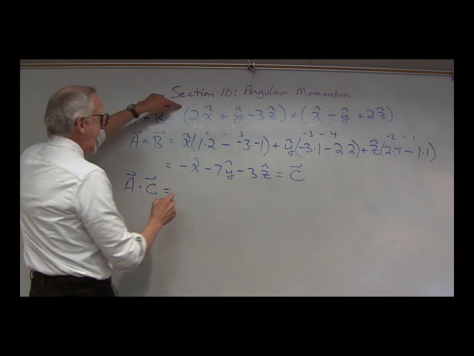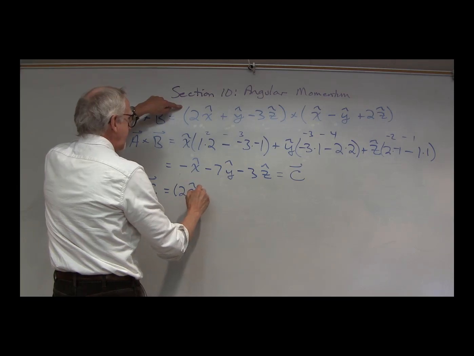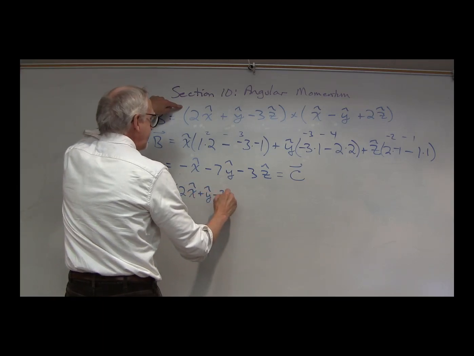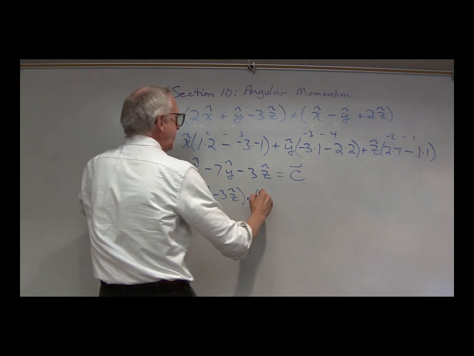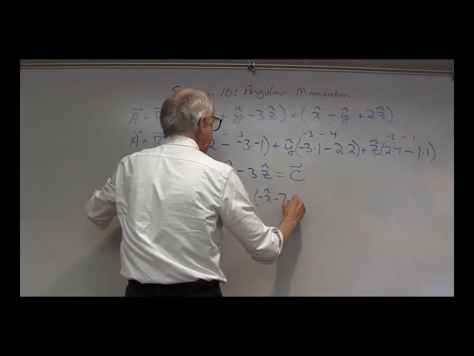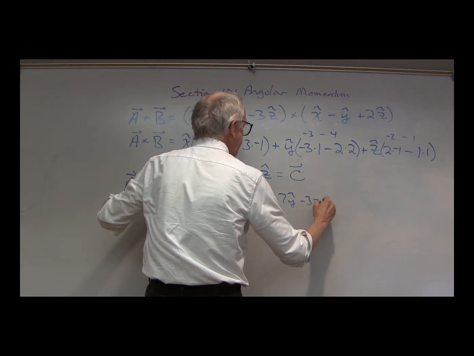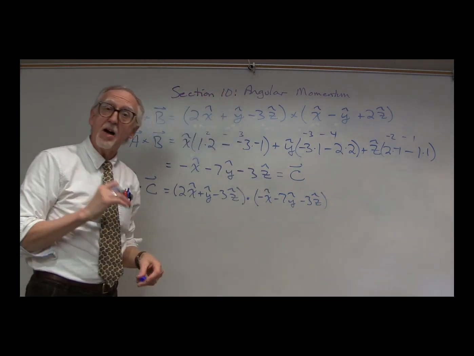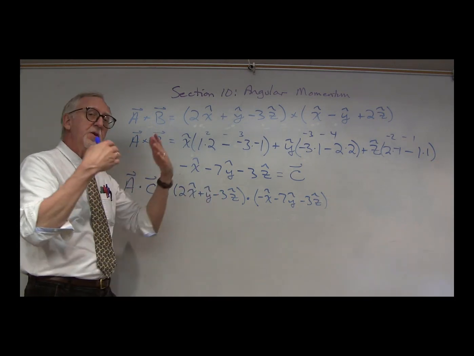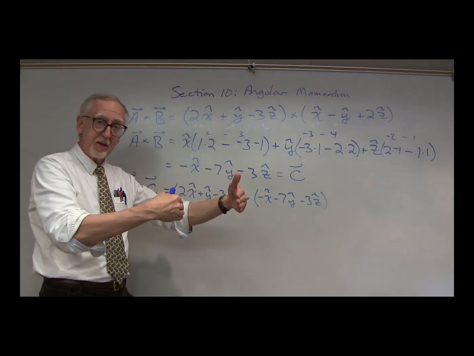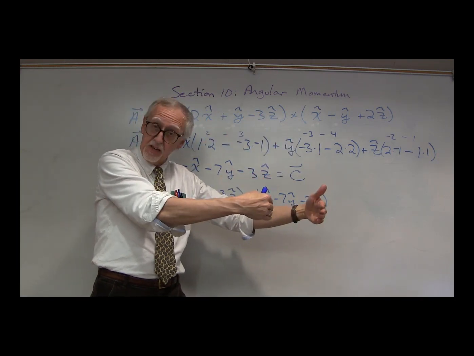Well, that's going to be A, 2x hat plus y hat minus 3z hat, dotted into C, which is negative x hat minus 7y hat minus 3z hat. Okay, now how do we take the dot product? Remember, the dot product of two vectors is the product of the x components plus the product of the y components plus the product of the z components.